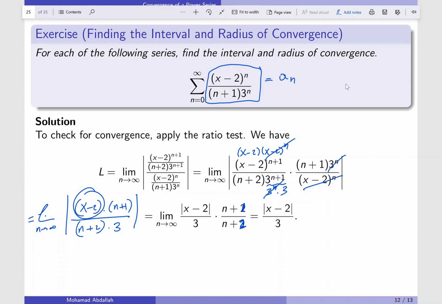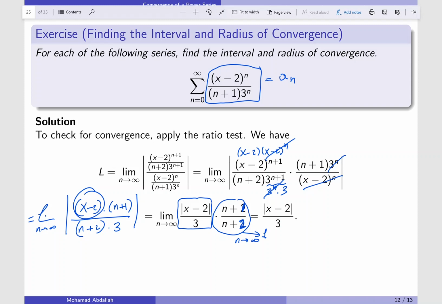Now, when the limit when n goes to infinity, look, with respect to n, this is like a constant. Okay, and this guy goes to 1 when n goes to infinity. So my answer is this. Absolute value of x minus 2 over 3.